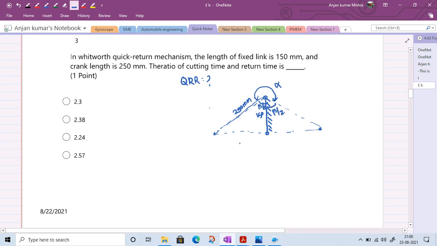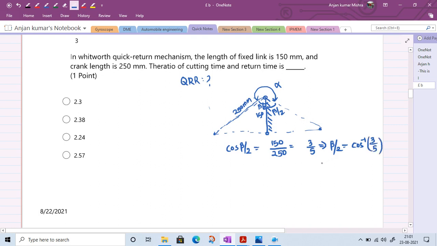Okay, so to determine beta by 2, what we have to do, suppose we will take the cosine of this beta by 2, that is cos beta by 2 will be equal to the fixed length, that is 150 divided by 250, that is coming to be 3 by 5. So beta by 2 will be equal to cos inverse 3 by 5.